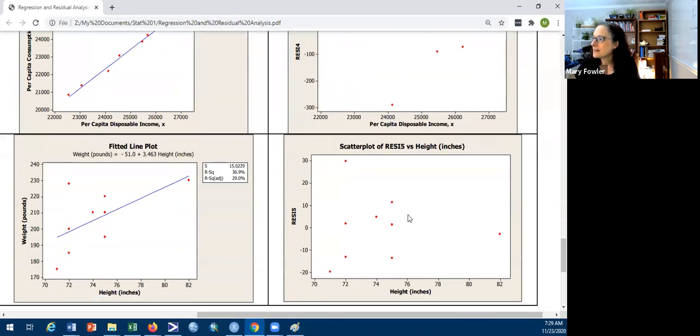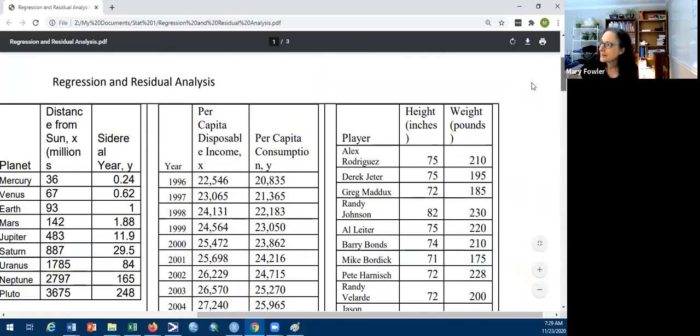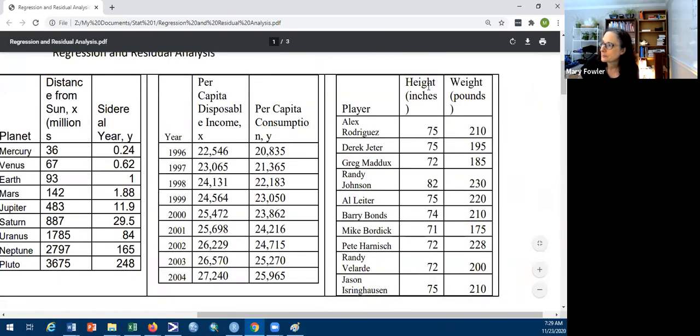All right, and then the final kind of residual plot that we might run into, or the final one that I'm going to bring up here today, is that if we look at this data, this is height and weight. I forget what this data set is. Let's look. Height and weight of these baseball players.